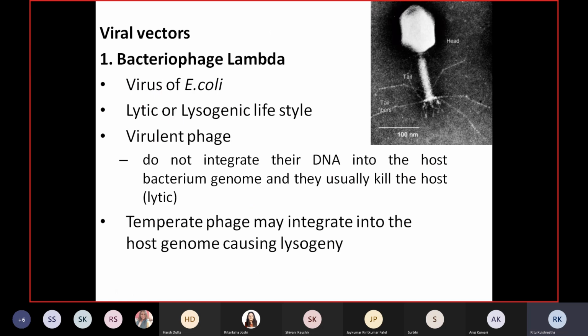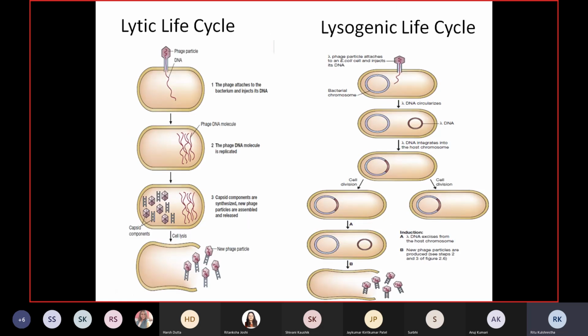So when we talk about the lambda phage, I guess you remember I had mentioned that lambda phages can have a lytic or a lysogenic life cycle. So just a brief overview of the same. In case of the lytic life cycle, the lambda phage injects its DNA into the bacteria, which replicates and makes more copies of itself.